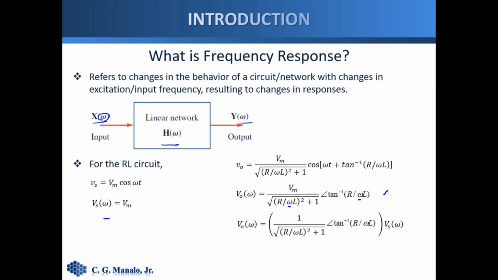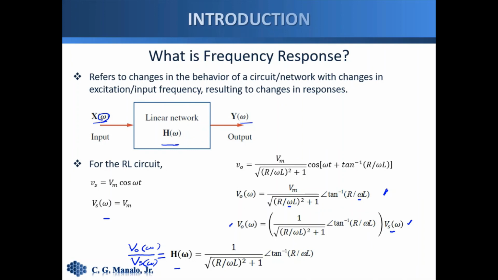We can express this result by the input voltage. So we obtain this, and in fact, we can get the ratio of the output voltage with the input voltage, and that should give us this result at the bottom. So this one is really V naught, a function of the frequency, divided by the input voltage, which is also a function of frequency.